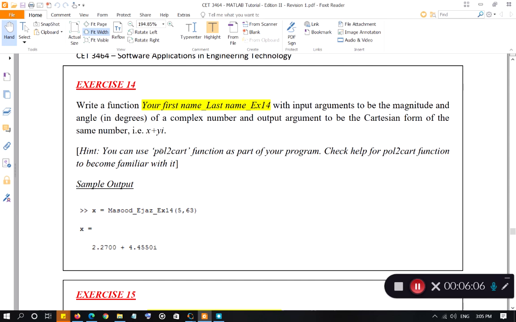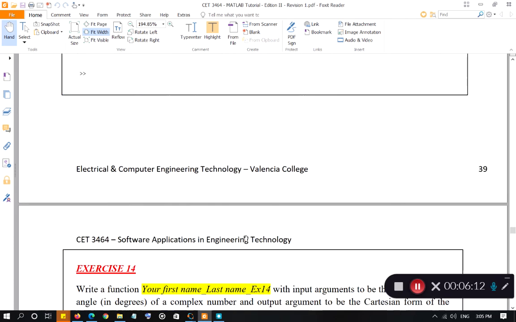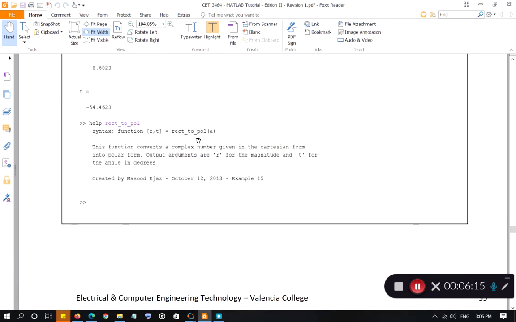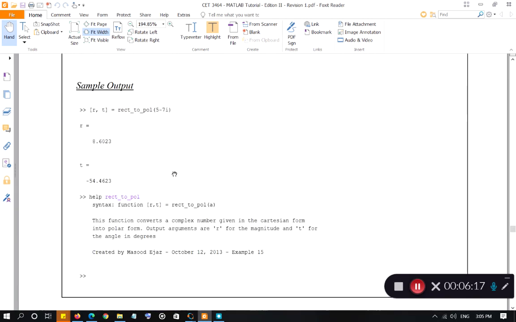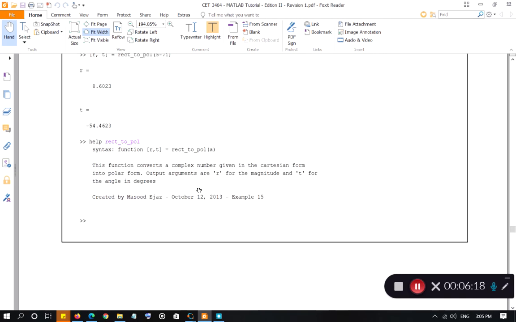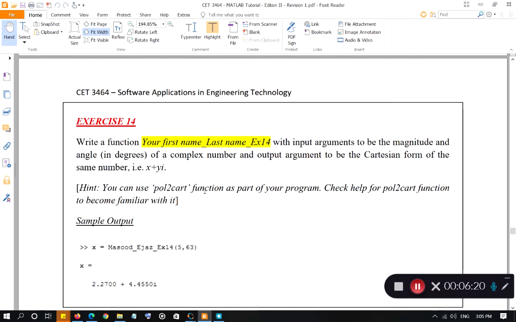Now there's a hint that I'm giving you. You can use the MATLAB built-in function pol2cart as part of your program, like I used cart2pol here. So explore that function pol2cart. How does it work? Check help of that function. Or another easy way to do that is, many of you already know how to convert the polar form into rectangular form, right?